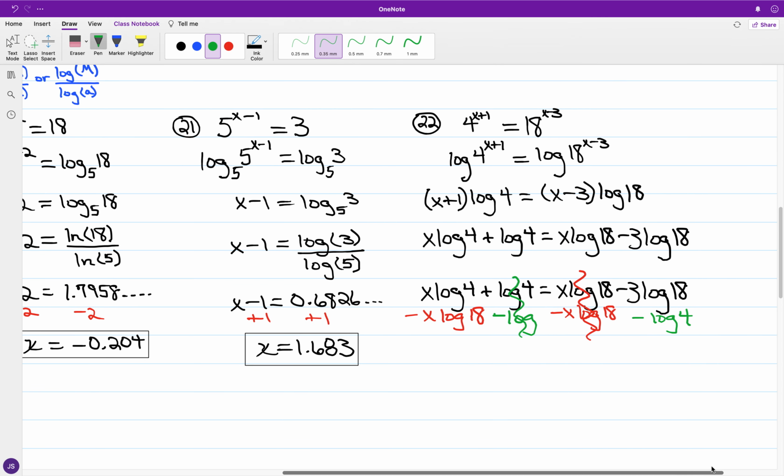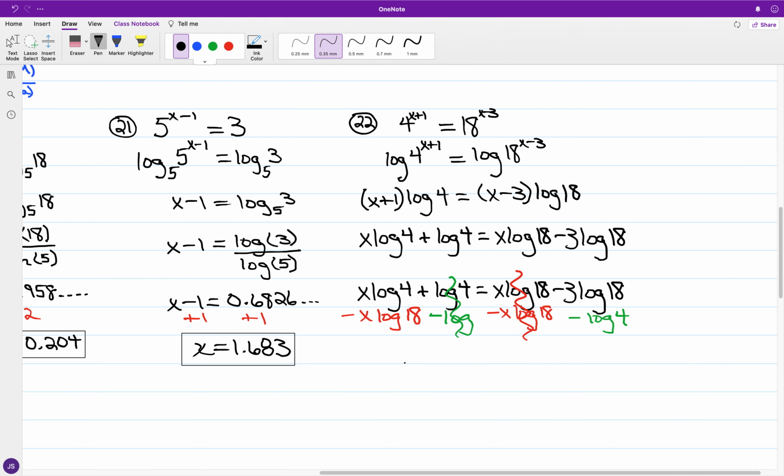And so for what we're going to have here in the lineup, we have x times the base 10 logarithm of 4 minus x times the base 10 logarithm of 18, equal to negative 3 times the base 10 logarithm of 18 minus the base 10 logarithm of 4.